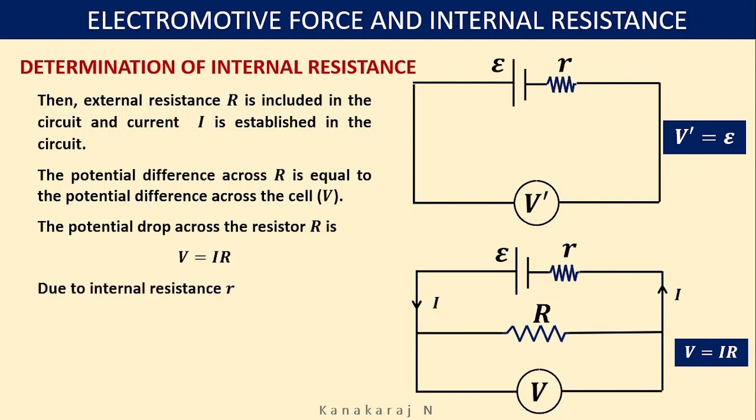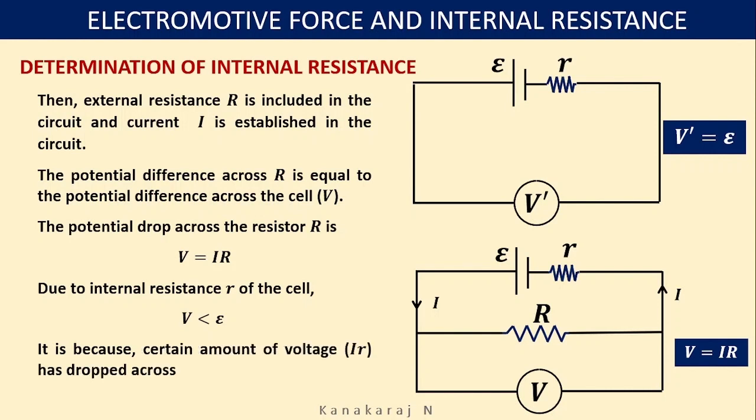Next, due to the internal resistance r of the cell, the voltage drop across the external resistance V is always less than the EMF of the cell, epsilon. It is because a certain amount of voltage Ir has dropped across the internal resistance r.